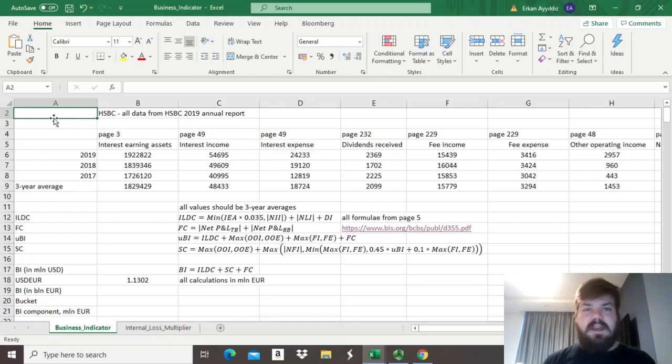$1 million of gross income gained through retail banking, for example, might not be as risky as $1 million of gross income gained through derivatives trading or corporate finance activities, something like that. So then the basic approach gave way to the initial standardized approach where all bank activities were separated across a number of business lines.